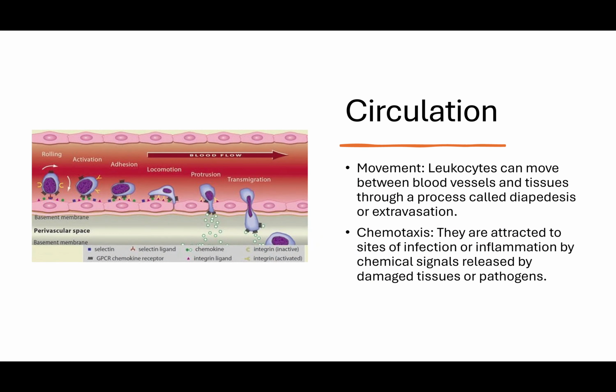Right, for circulation now, the movement. Leukocytes can move between blood vessels and tissues through the process called diapedesis and extravasation. So we have these two things. So they can actually move. See them squeezing through the basement membrane.